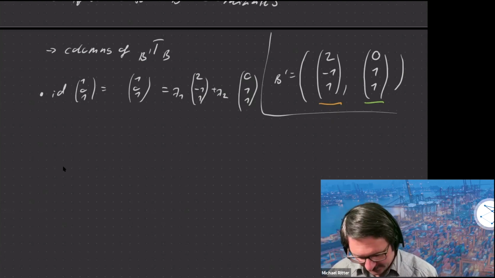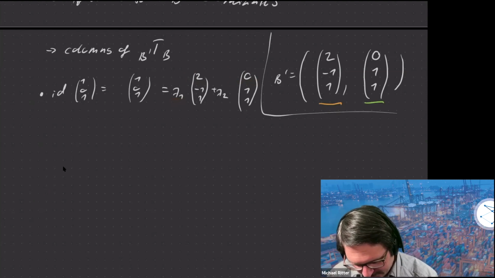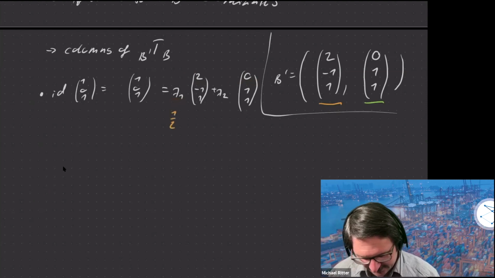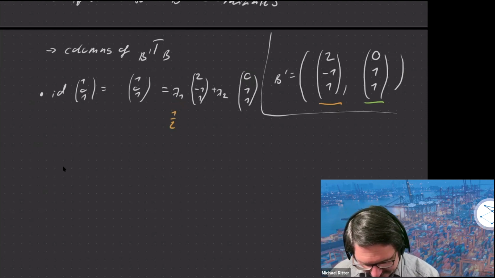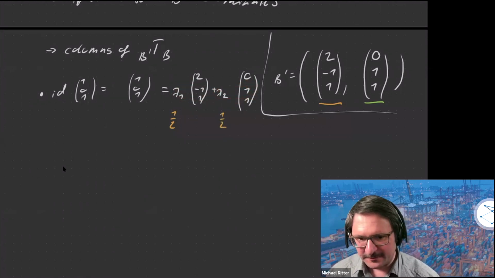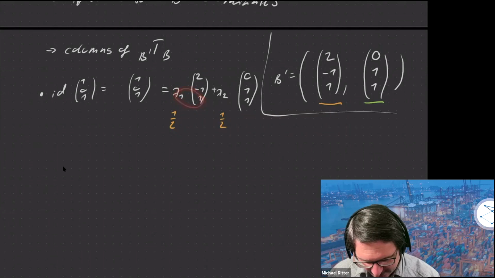Okay. Now, again, we just look at the first row here. It's easy to see that we need lambda 1 to be 1 over 2. And then if we look at the second row, we get minus 1 over 2 plus lambda 2 is 0. So lambda 2 has to be 1 over 2 as well. And if we check that with the third row, then we get 1 over 2 plus 1 over 2, that's 1.